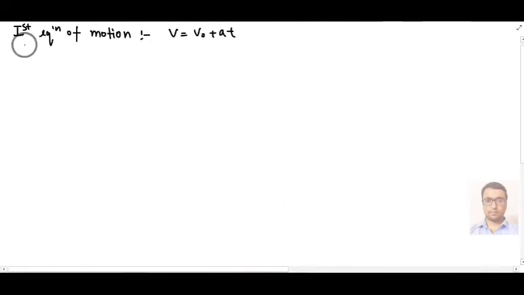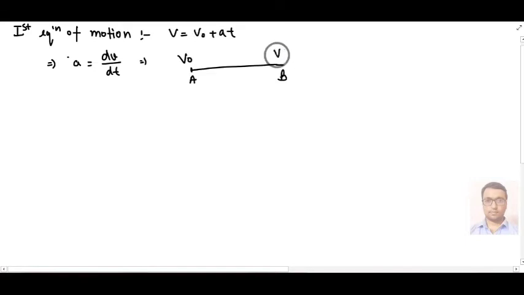So we will look at the first equation of motion first, and we know that acceleration is given as dv over dt. By this formula we can get acceleration, and if we want to calculate acceleration between 2 points like from A to B, suppose here is your velocity v0 and here your final velocity is v, then at some instant of time the change in velocity is dv, and in the same interval the time taken is very small, dt.